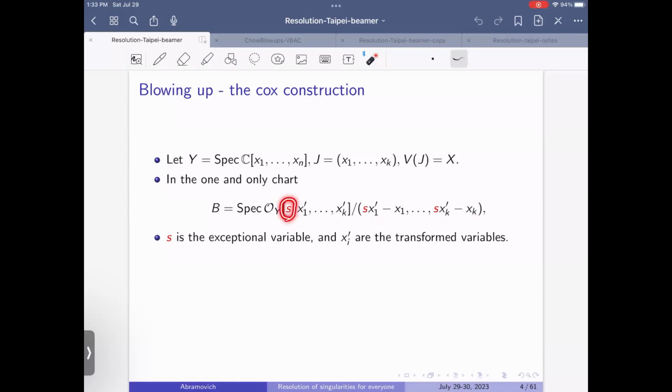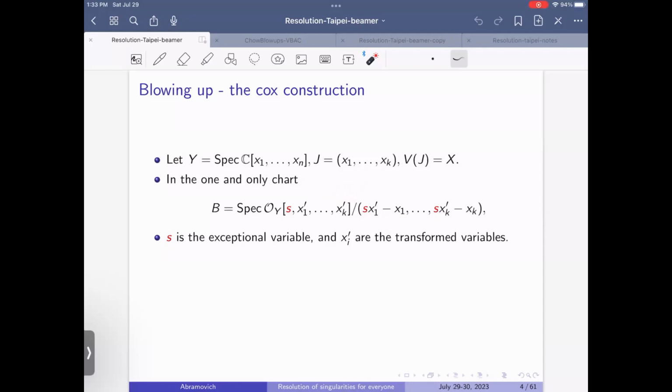So s is an exceptional variable. x1 prime through xk prime are the transforms of these variables, with the equations as before: xi equals the exceptional variable times xi prime, the transformed variable. So the rule is the same, except that there's only one chart and only one exceptional variable for now.